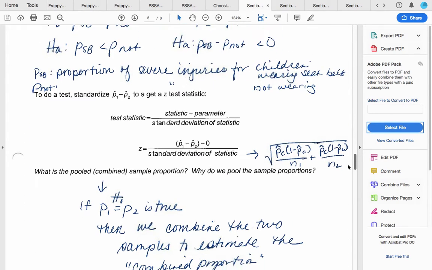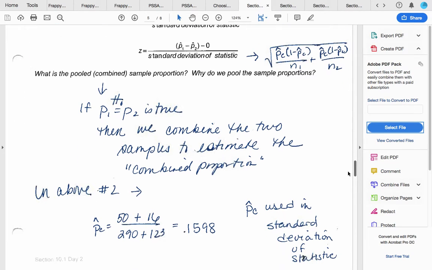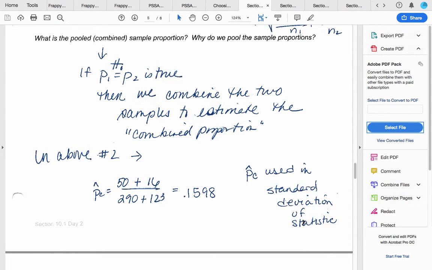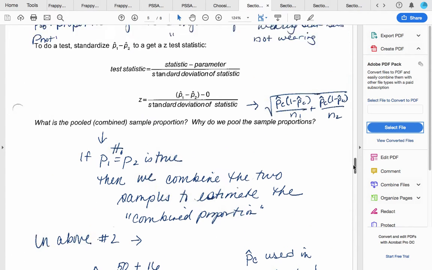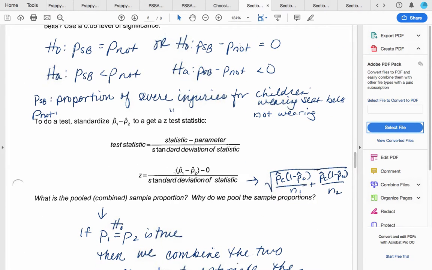So if we think the two proportions are equal, we combine them together to create this combined proportion, okay? It'll be p hat 1 minus p hat 2, that's my statistic, minus the parameter, in this case we're always using 0, and then in the standard deviation I'm not using p hat 1, p hat 2, I'm using p hat c, that combined one.